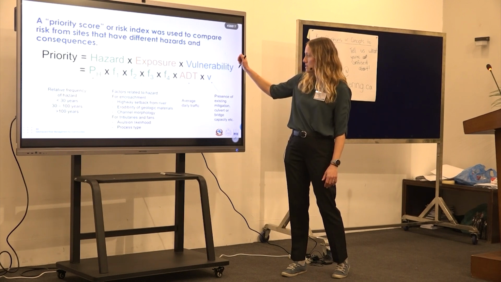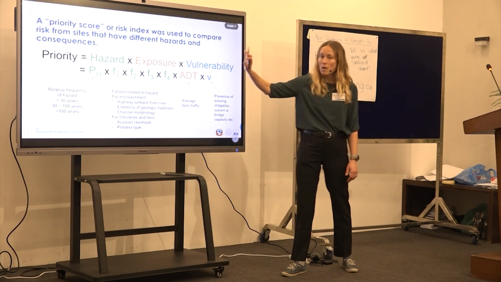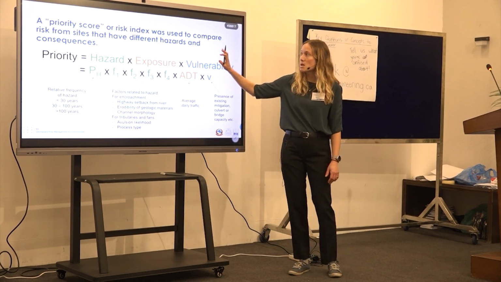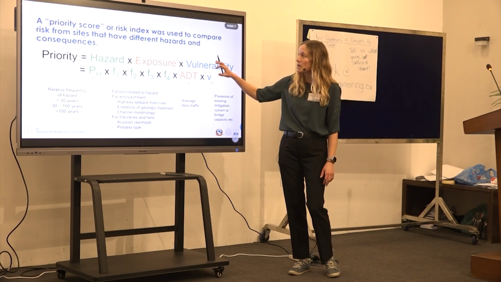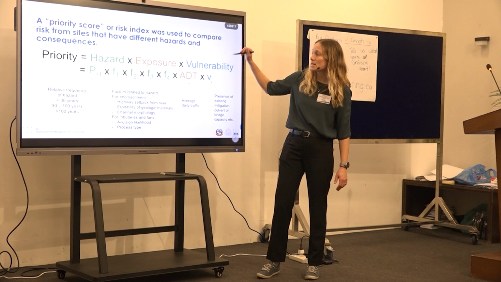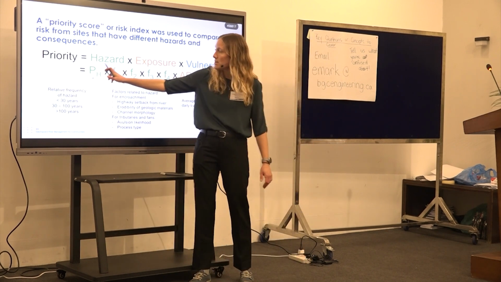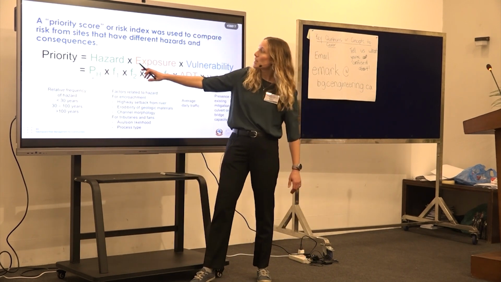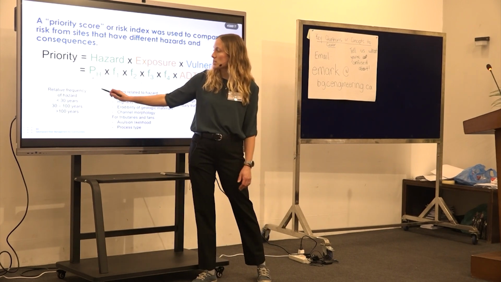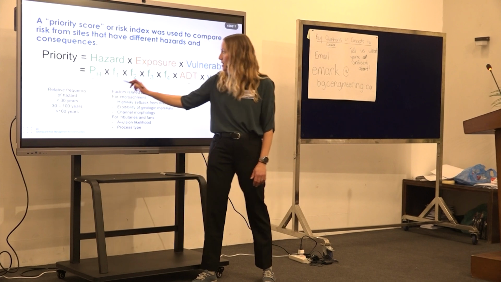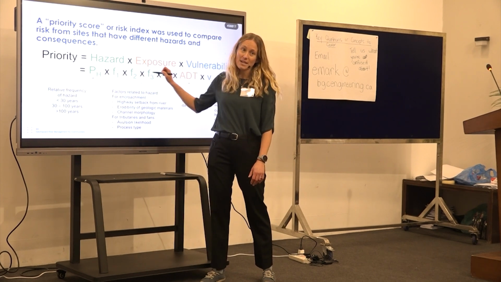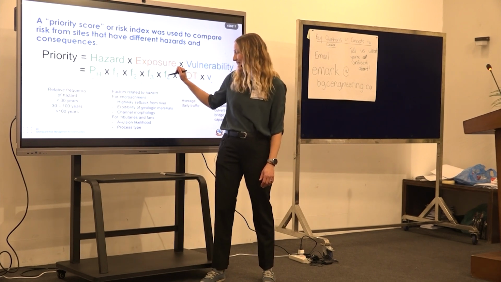This one's a bit dense, so I don't know how helpful this is, but really how this was done was we used the priority scoring approach that Alex introduced yesterday, and we came up with a risk index. So something that took the information on what's the relative frequency of the hazard at each of those hazard sites, what kind of factors are affecting how bad the particular site is.